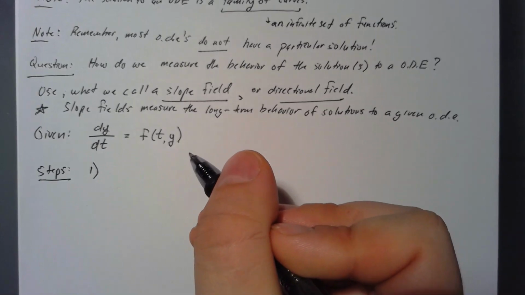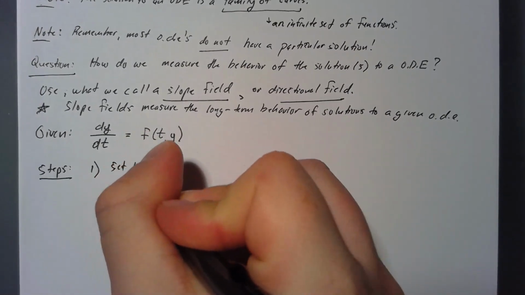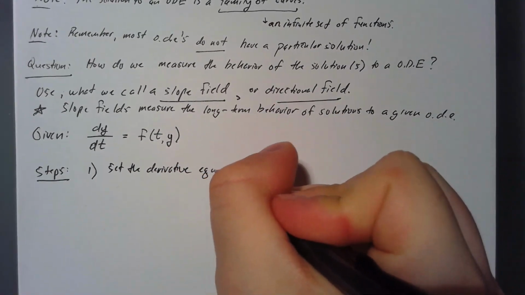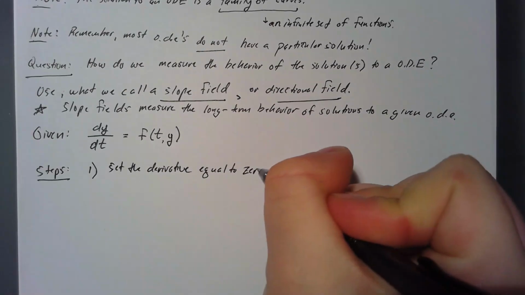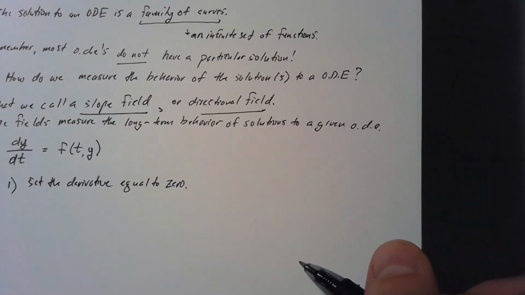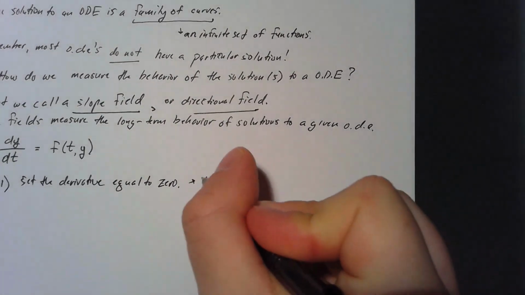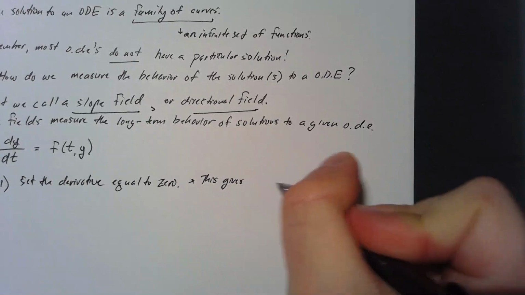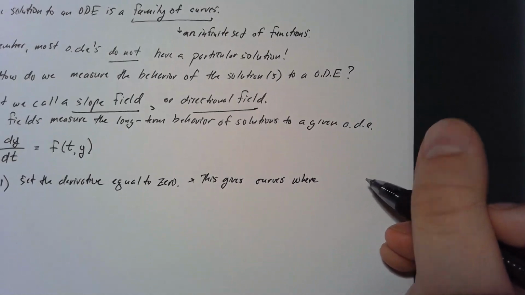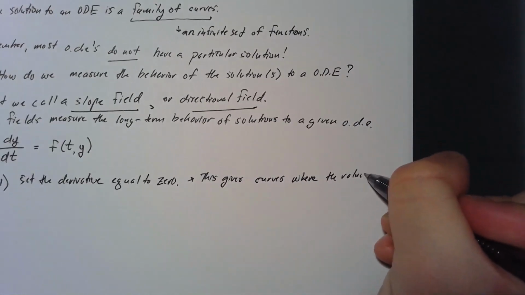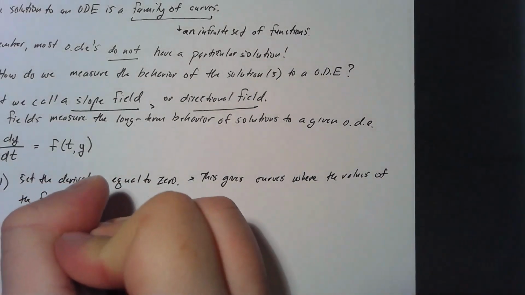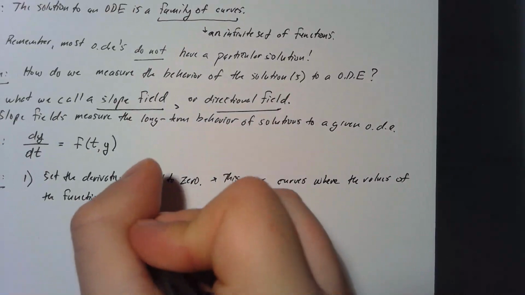The first step is to set the derivative equal to 0. When you do that, this gives curves where the values of the function is constant.